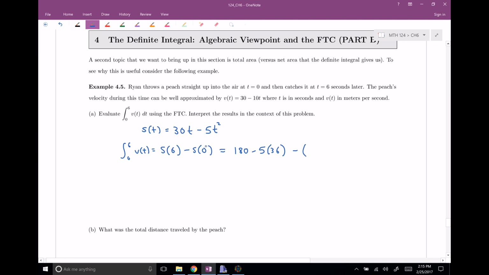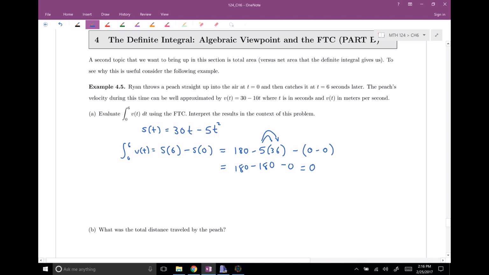So s of 0, if I plug in 0, I'd get 0 minus 5 times 0 squared, also 0. So 180 minus 180 minus 0, so I'm going to get 0.